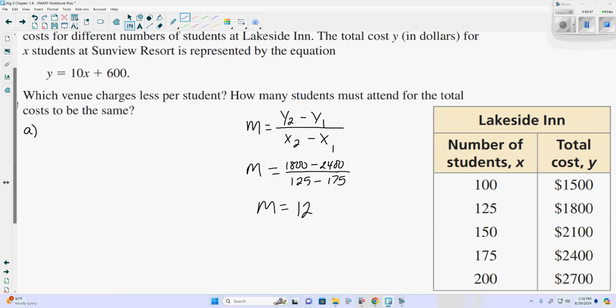Which one costs less? Sunview, because the slope is 10. So the first answer to this is Sunview Resort. It costs less per student. It has the smaller slope. But it does start out being more expensive.